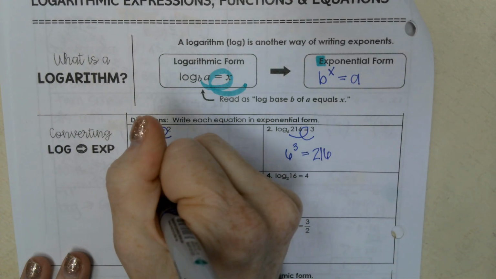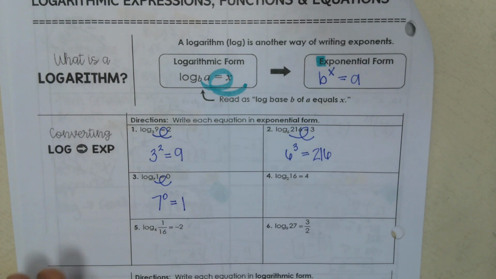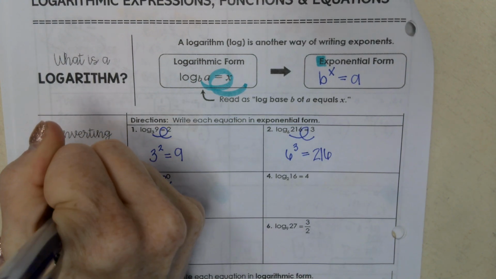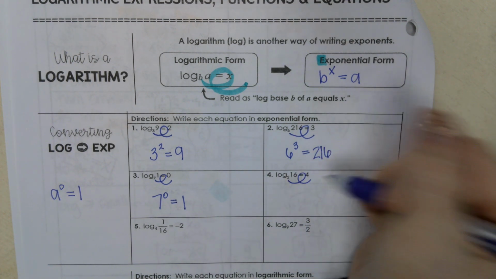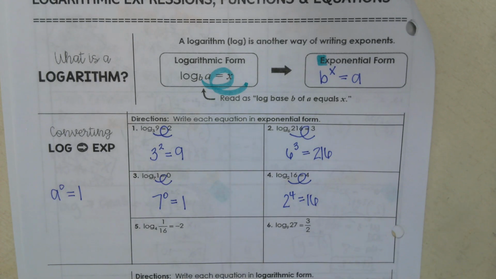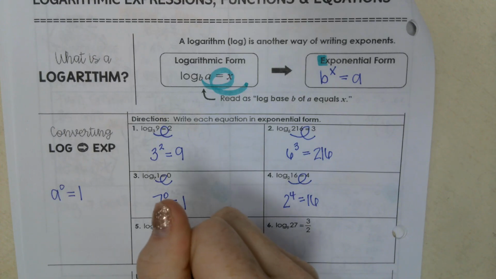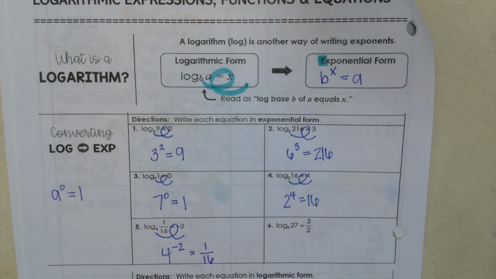Then, here we go. 7 to the 0 power is 1. Now, this right here is an important exponent rule that we need to make sure we remember. Anything to the 0 power is 1. Right here, 2 to the 4th power is 16. 4 to the negative 2 power is 1 over 16.